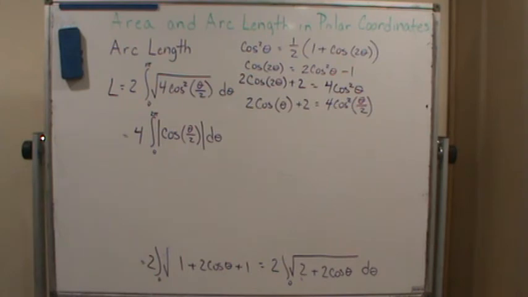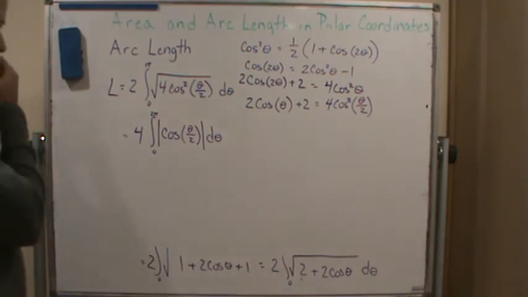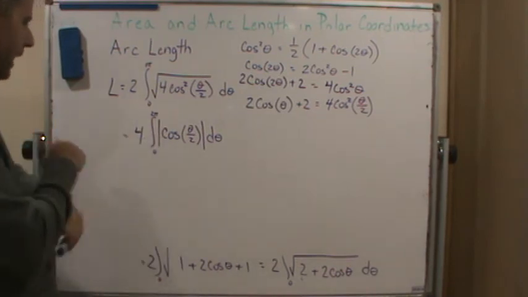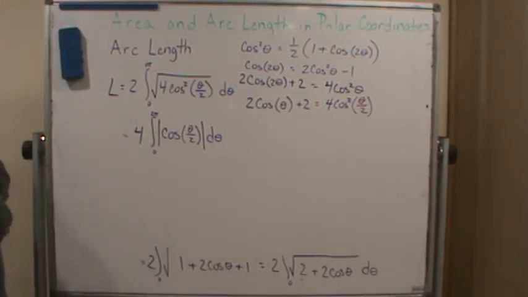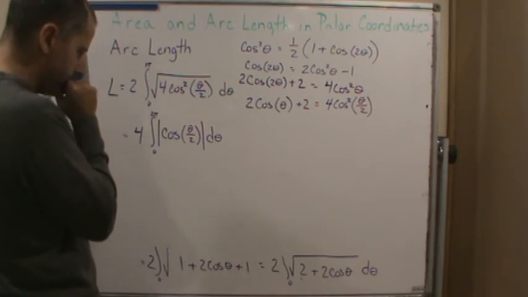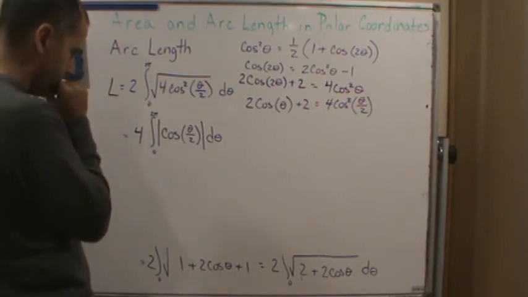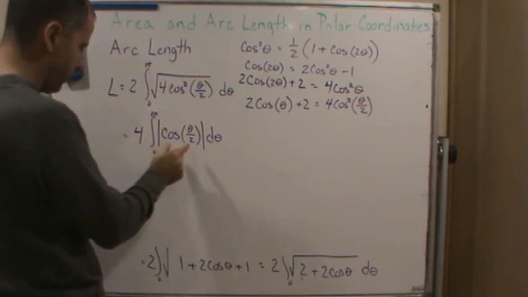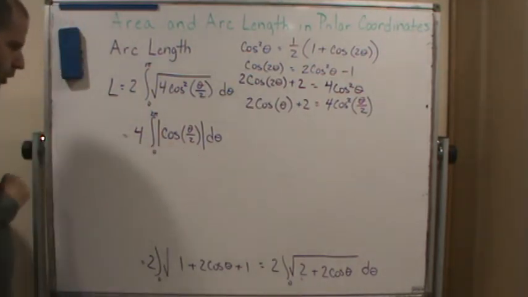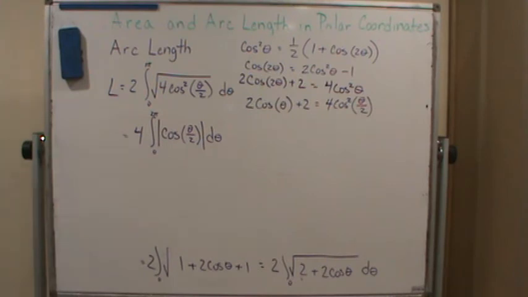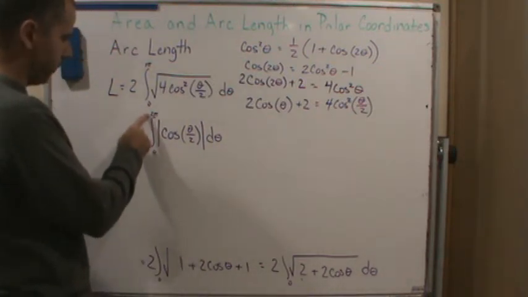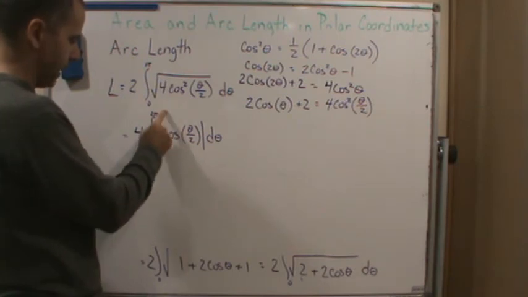We're going from 0 to 2 pi, so we have to think, is this thing going to go negative? It will, because from 0 to 2 pi, this thing is going to go from positive 1 to negative 1.